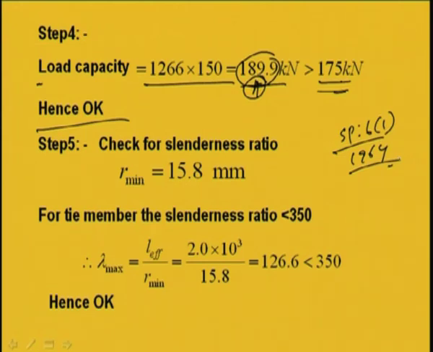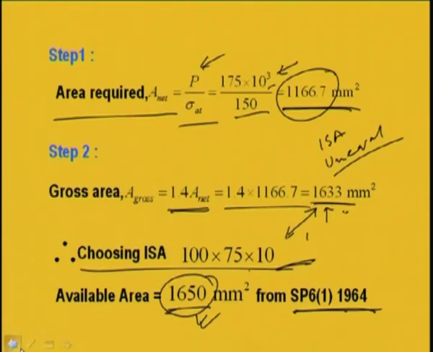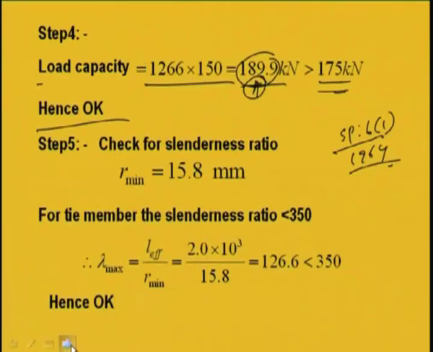For the angle we have considered, that is ISA 100 by 75 by 10, R minimum is 15.8 mm, which has been given in the handbook. So lambda maximum will be L effective by R minimum, which is becoming this.